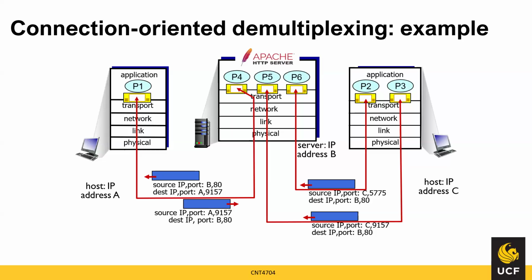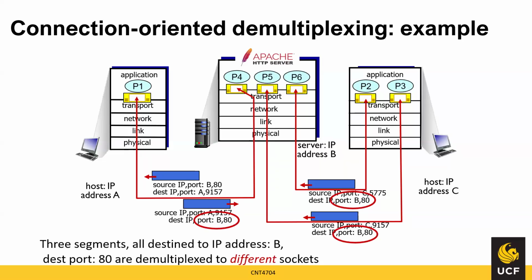You could be watching Netflix and working as well. Notice that all three datagrams arriving at the HTTP server have the destination port of 80. Regardless of which process it is, it's using the same port number, 80.